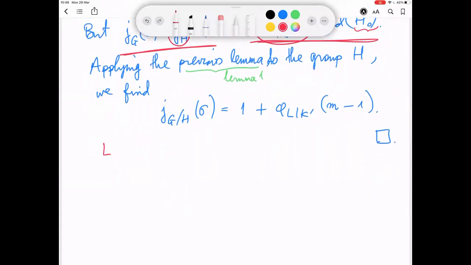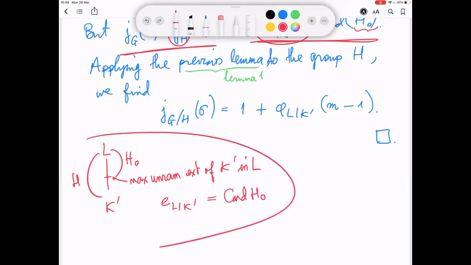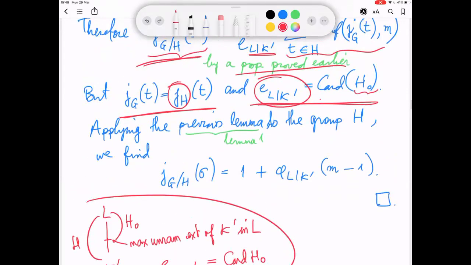You will have L here and K prime, and H is the group here, and H naught is the inertia group, and this is the maximal unramified extension of K prime in L, and therefore the ramification index of L over K prime is equal to the cardinality of H naught, right? This is in general. So we have this.